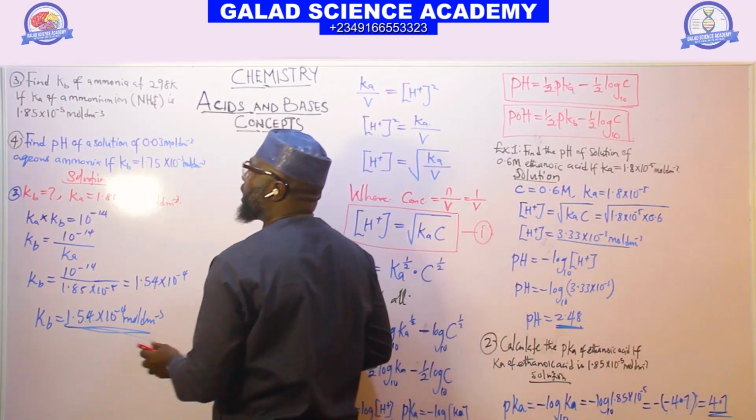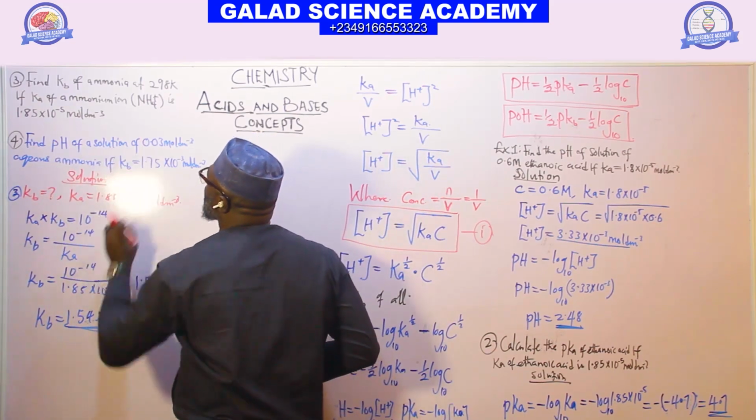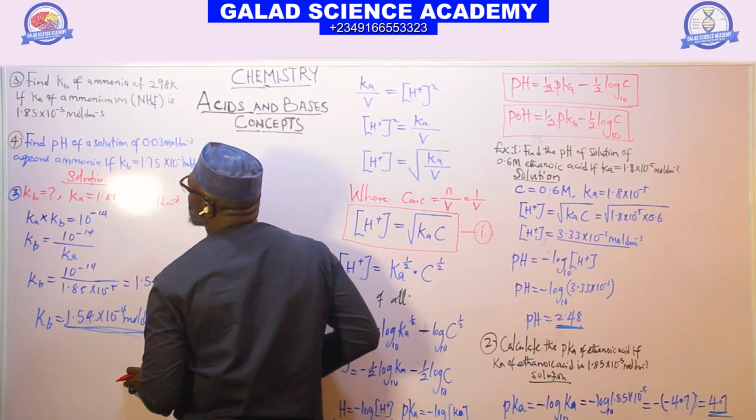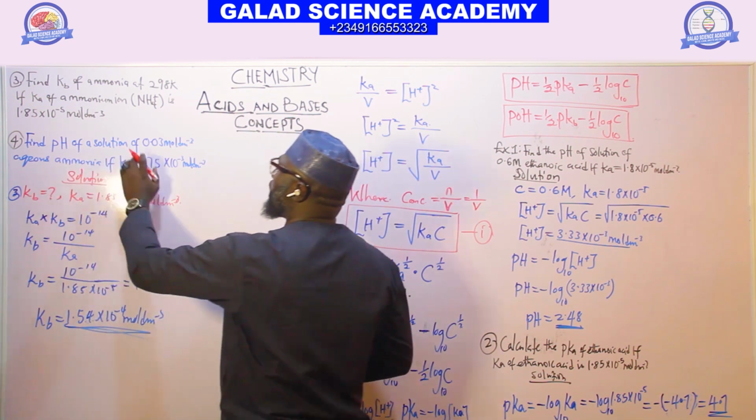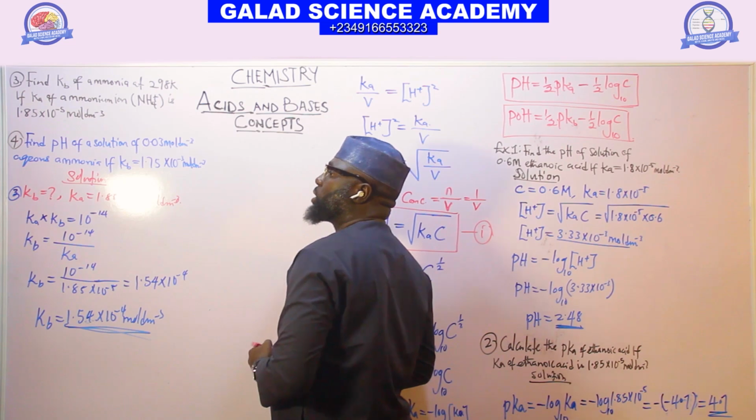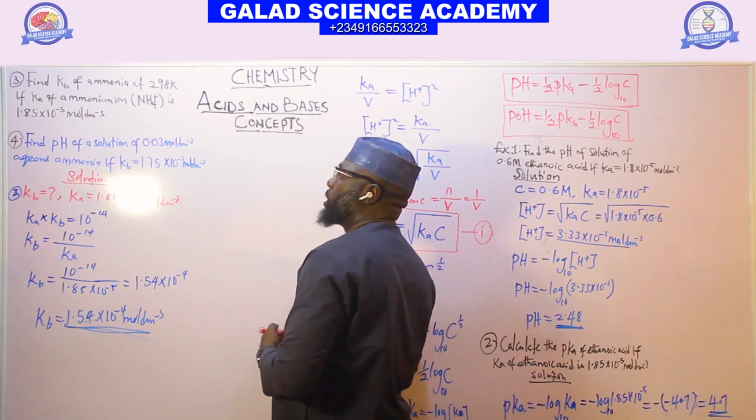The second question: find the pH of a solution of 0.30 mole aqueous ammonia, for which Kb is equal to this.